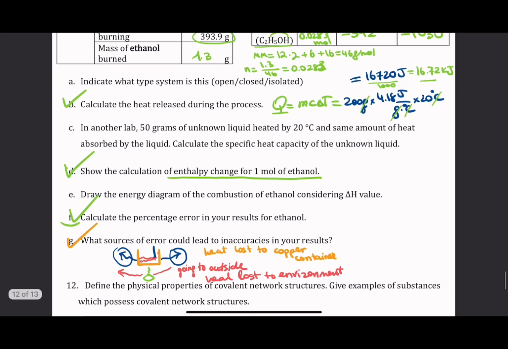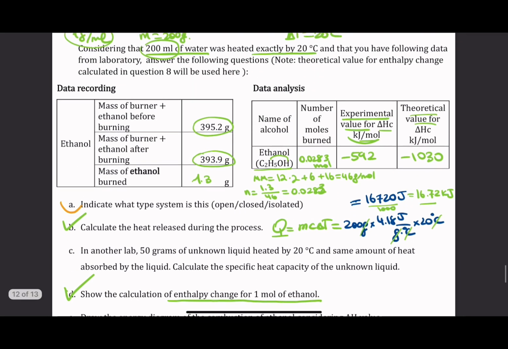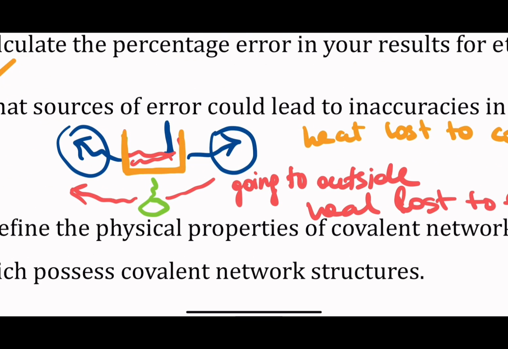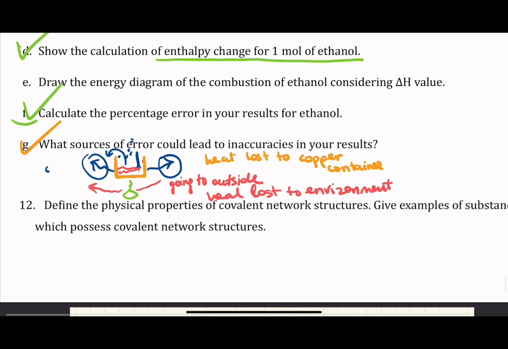Now it says, in the A portion, indicate what type of system this is. In our system, as you remember, we didn't have a lid, right? There was no lid. Water can come out from here. It can boil as bubbles. It can come out. So this was an open system.